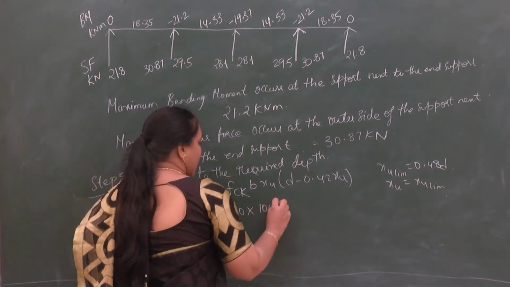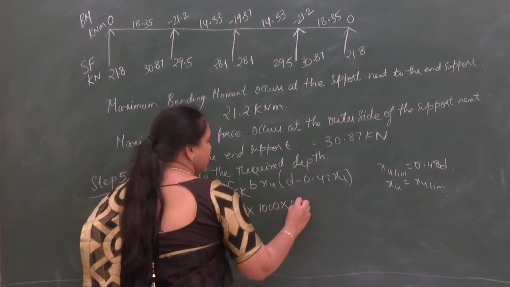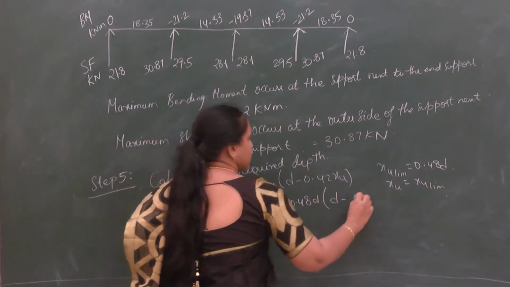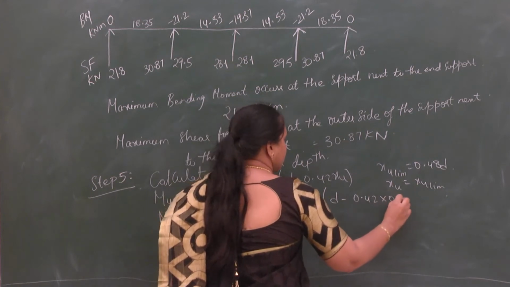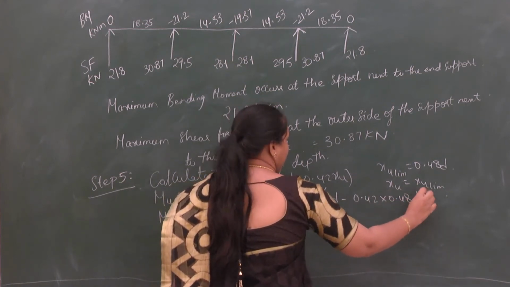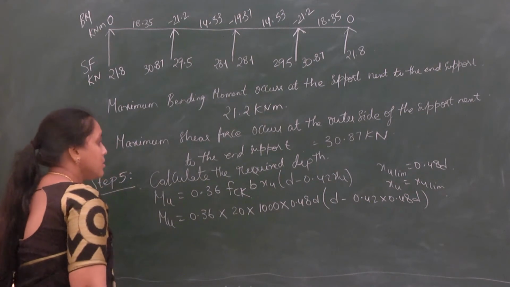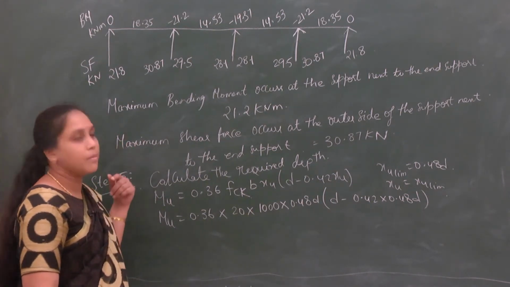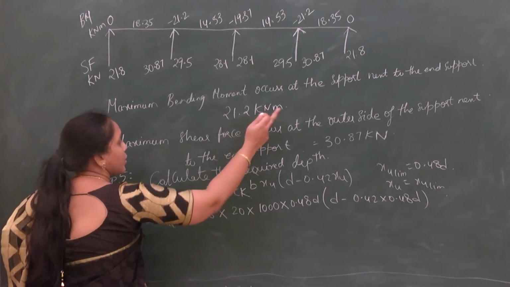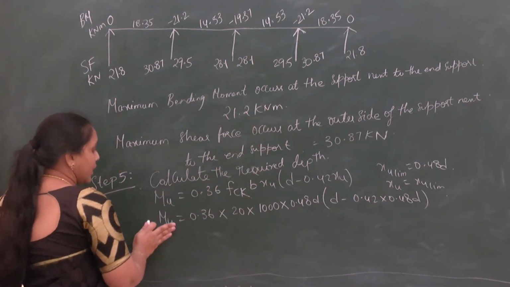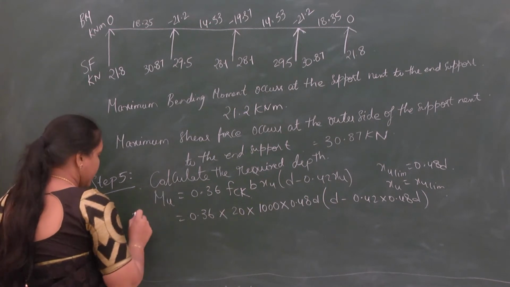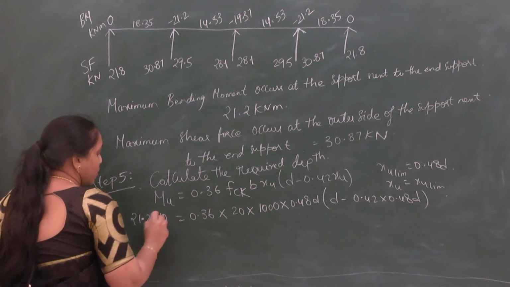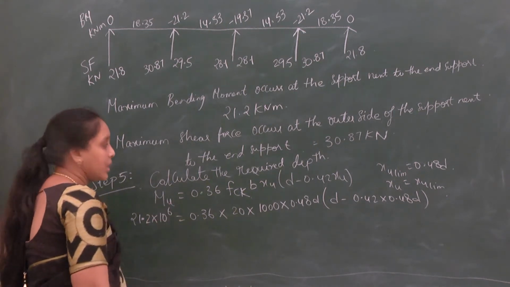So b will be 1000, into xu, which is 0.48 d, into (d minus 0.42 into 0.48 d). So what is the value of Mu here? The value of Mu will be the maximum bending moment, which is 21.2 kilonewton meter. So here I am substituting that value, and converting it into Newton mm, so 21.2 into 10 to the power of 6 Newton mm.